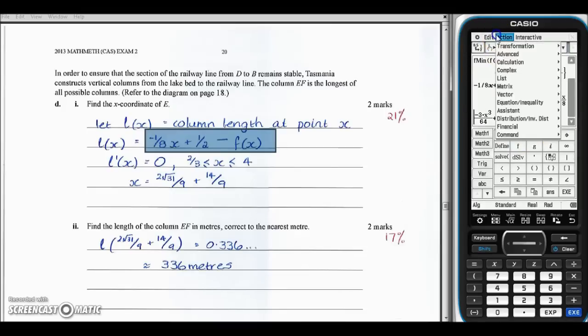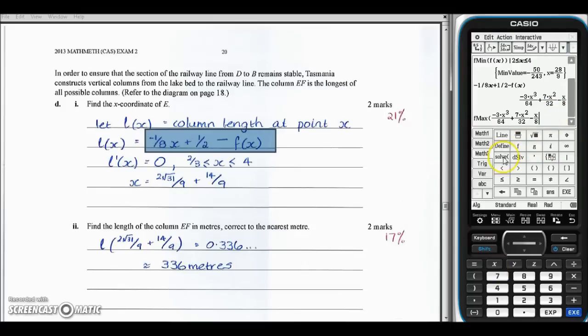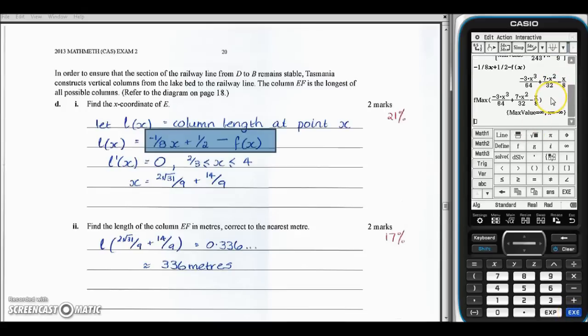F max. So let's see what it gives us. Now, of course, x has got to be between 2/3 and 4. So that will help.